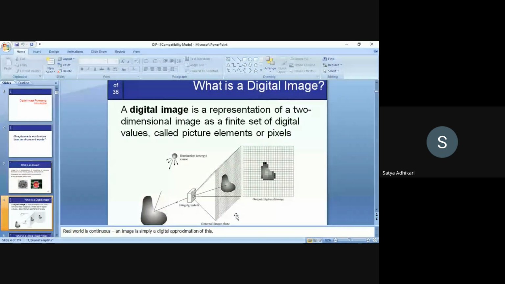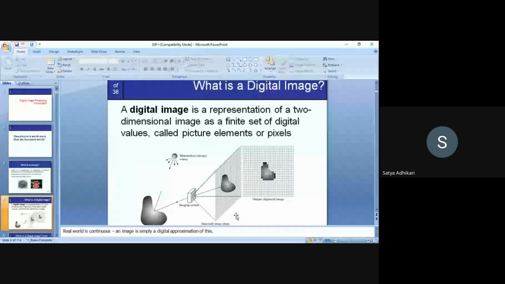So the next one is, what is a digital image? So far we have discussed what an image is. Now, what is a digital image? You see the definition: a digital image is a representation of a two-dimensional image as a finite set of digital values called picture elements, or pixels.